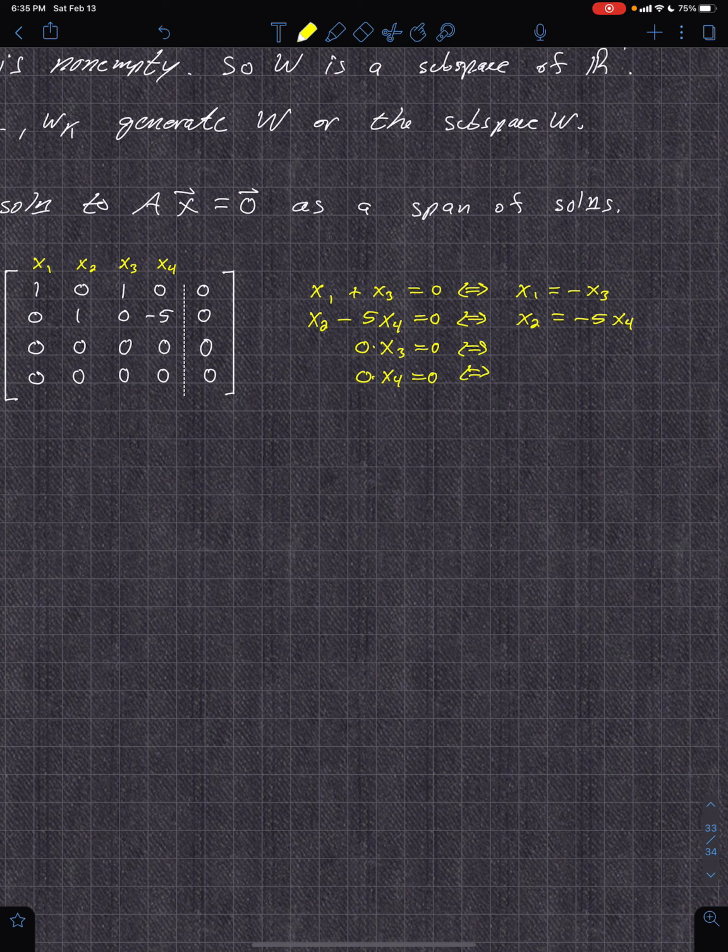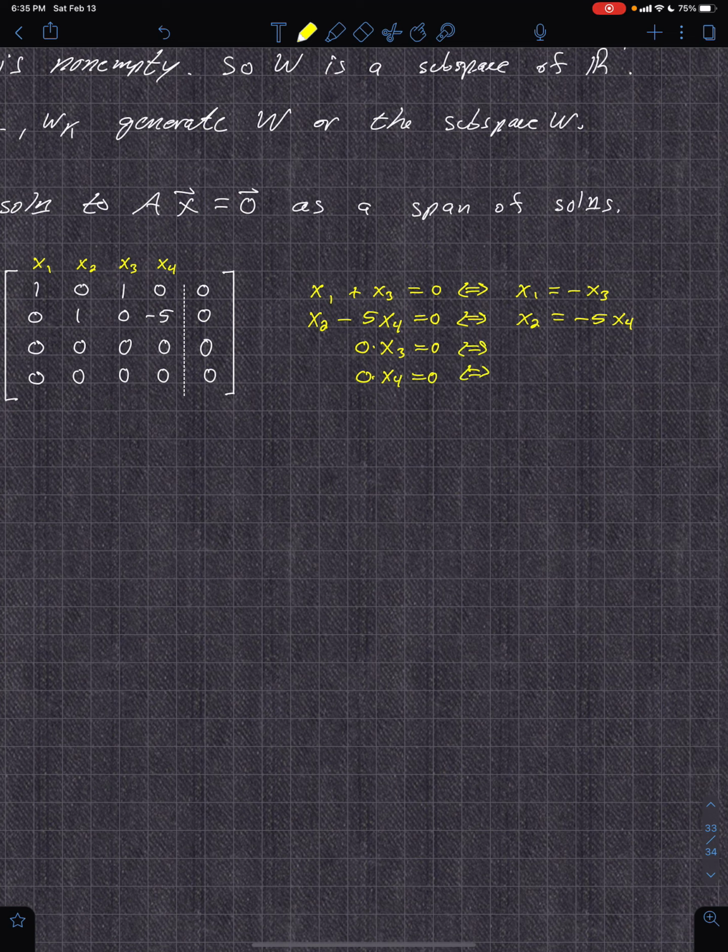And then coming back to here, we can change colors to show you that we did it later. So here we can say this is basically negative, and then what was x3? That would be negative t. And then this one we can say, oh, look at that, looks cool, huh? This one we can say is negative 5, and then what's x4? That's s. So now you can put those in that form.